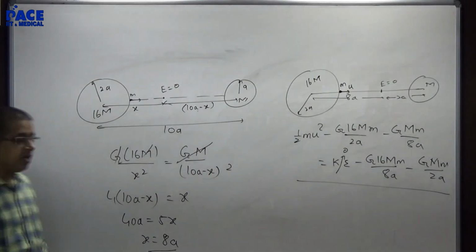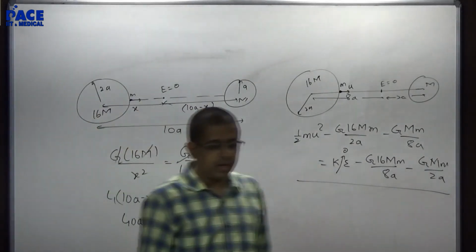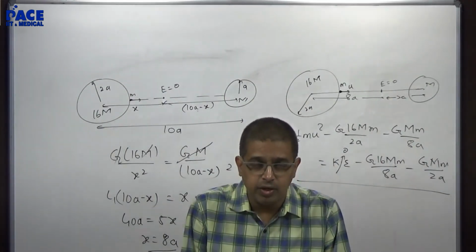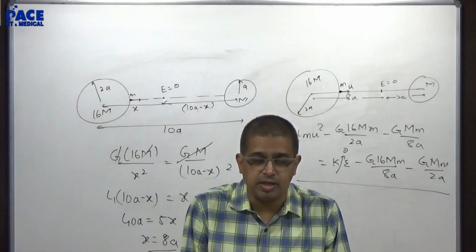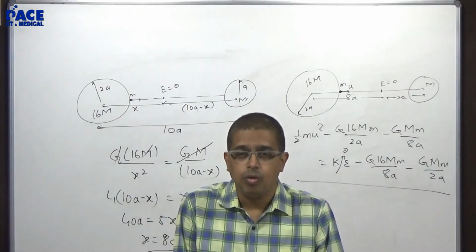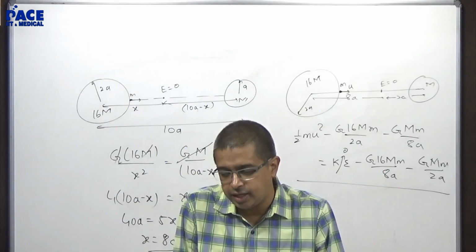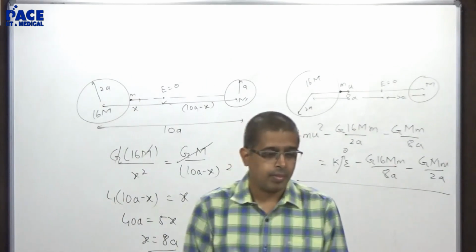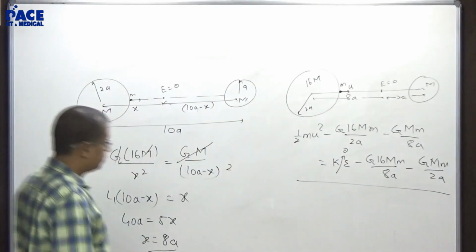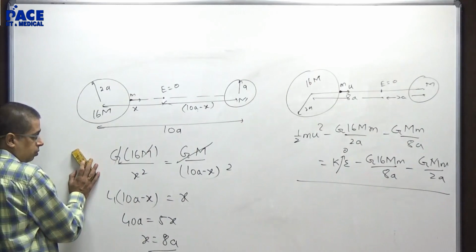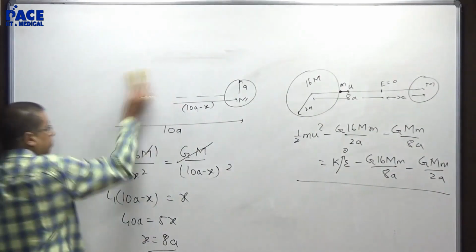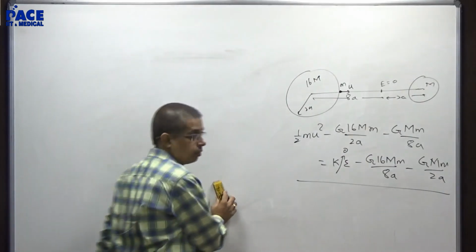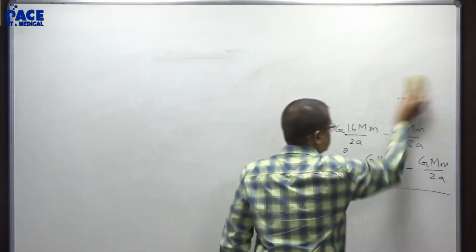Few students for the previous problem of the thin rod are getting omega as under root R cube by GM. Please see, we don't know which one is the answer. I don't remember the answer. For the thin rod oscillating omega, some of the students here are getting under root GM by R cube. Can I rub the board? Yes, sir, we are also getting the same. Okay, R cube by GM. GM by R cube.